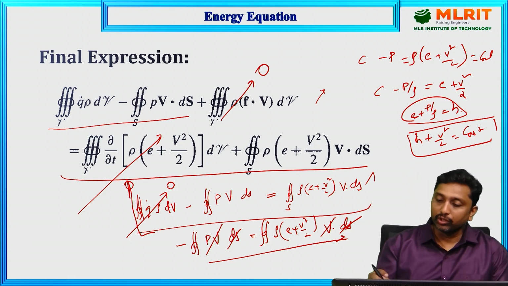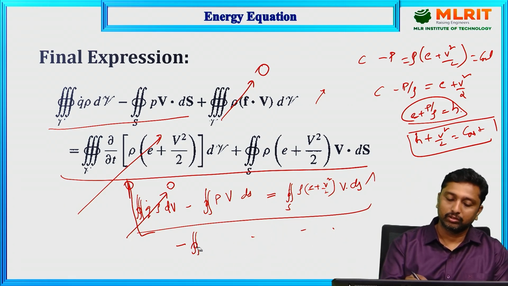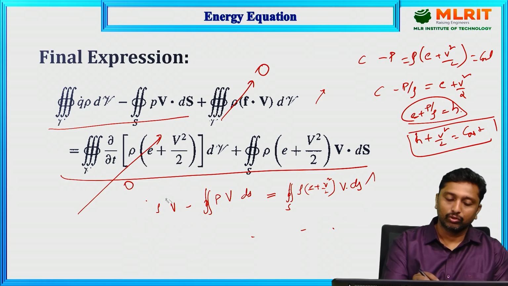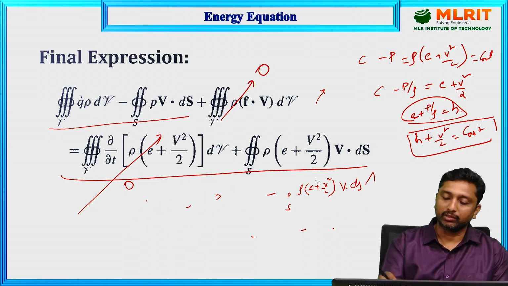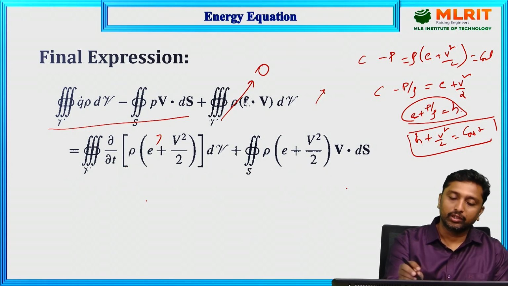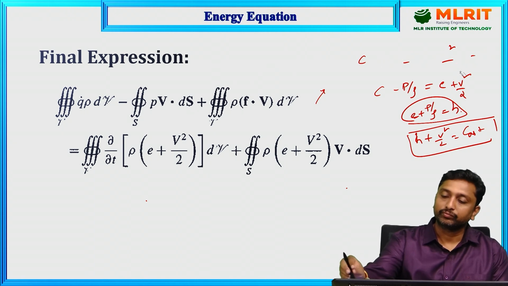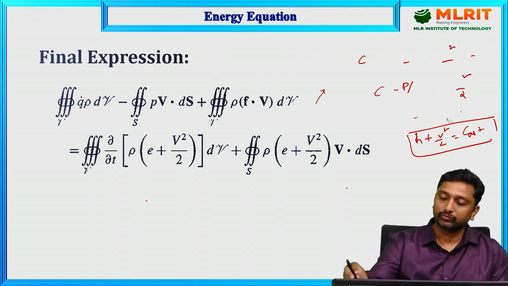So this is about your energy equation. We started with assumptions, and then we discussed the mathematical model and the governing laws on which the energy equation is derived, followed by the derivation.